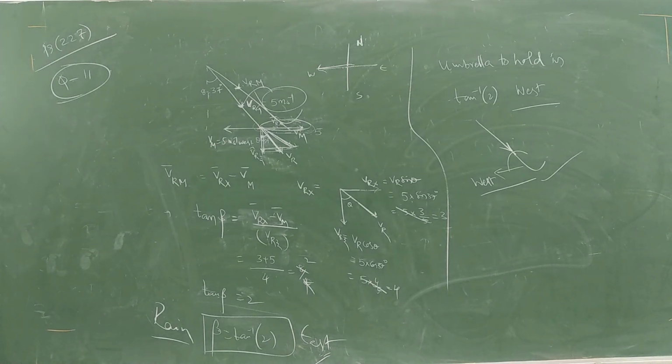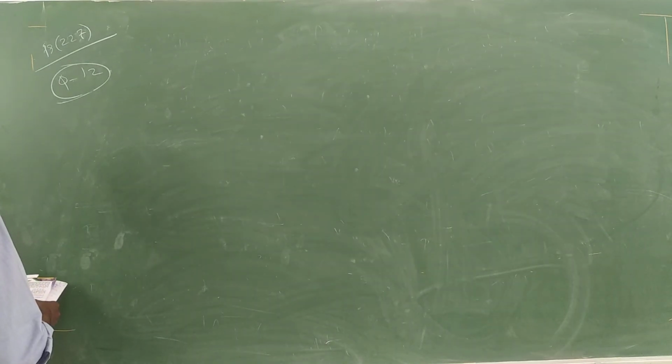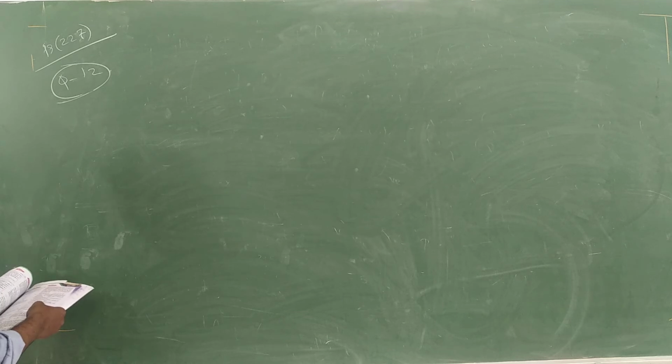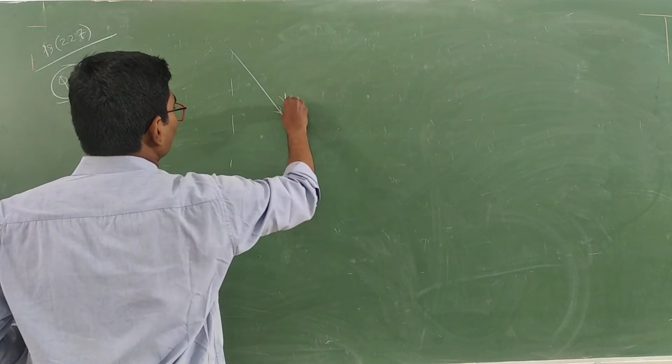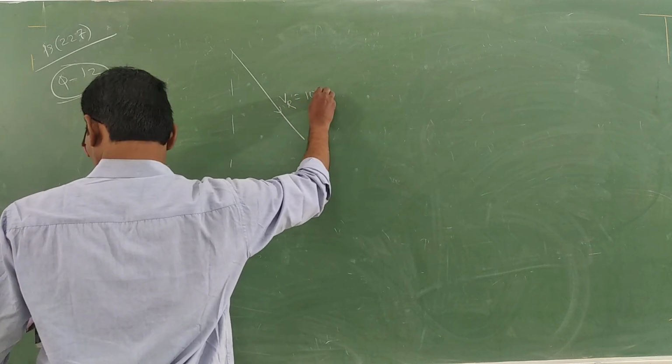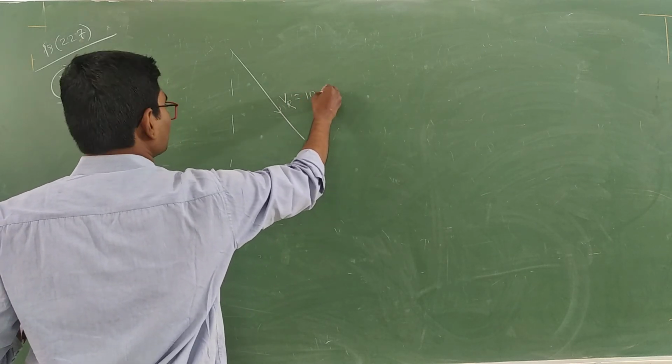Next problem. Rain is pouring down at an angle alpha with the vertical and has a speed of 10 meters per second. This is vertical, this is the rain, 10 meters per second.